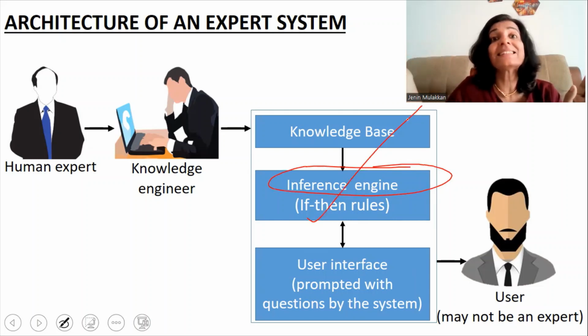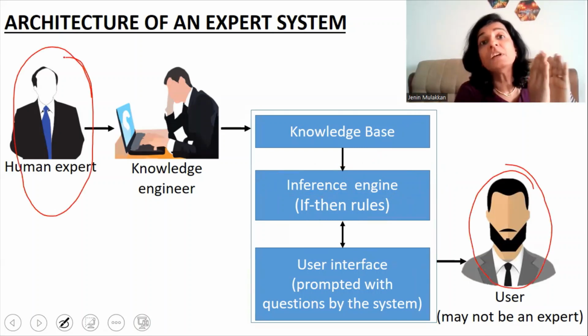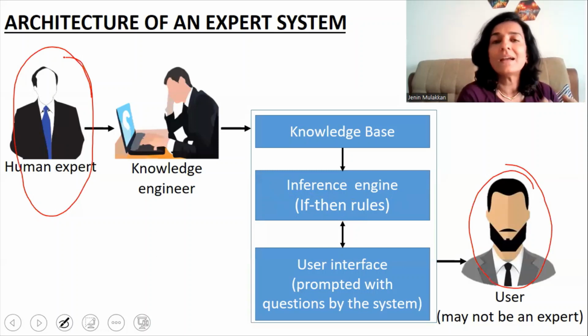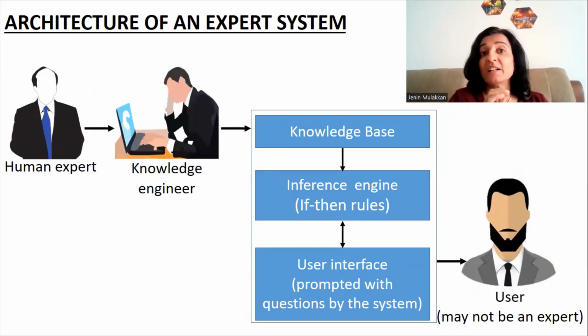And what is the next step to be followed by the junior doctor? Even if the human expert is not available, a non-expert can interact with the expert system and gather the details, just like he will get the details from a senior doctor who is an expert in the field. So that is the main advantage of an expert system.